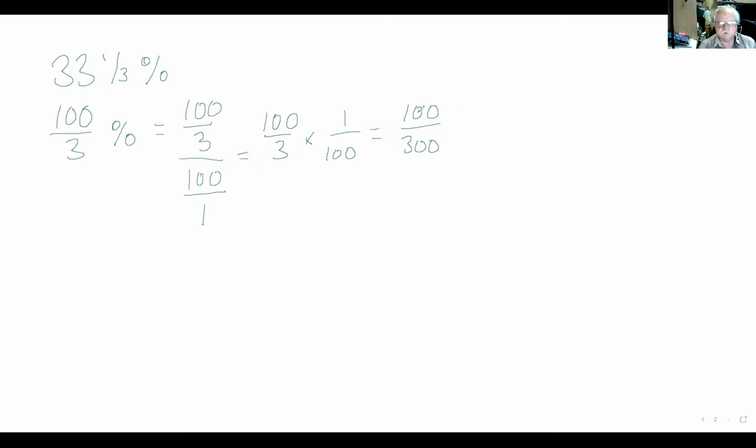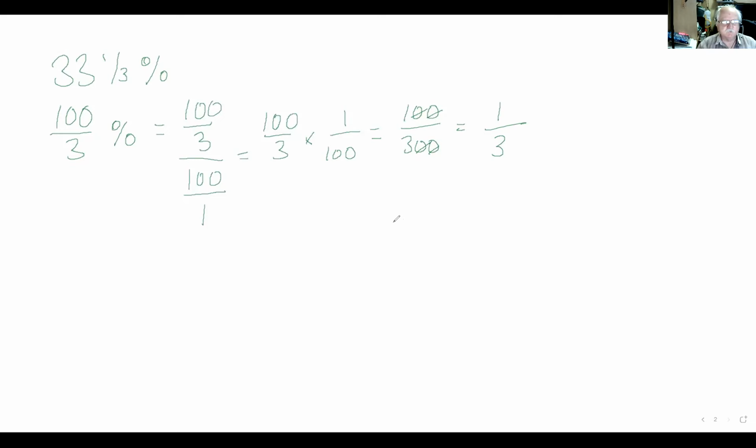But we can reduce this by getting rid of these zeros. We basically divide both by 100, and it becomes 1 over 3. Does that help? That's the process you would have to follow if we hadn't been told to just memorize that table.